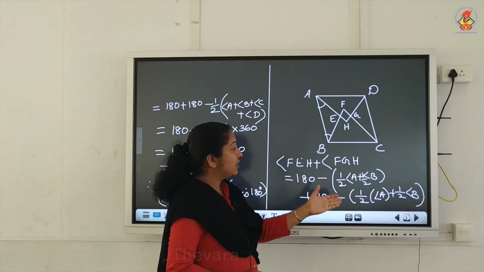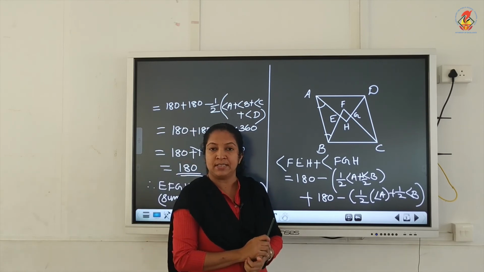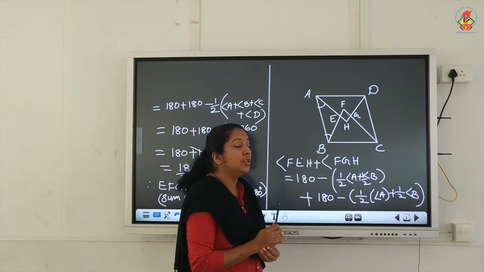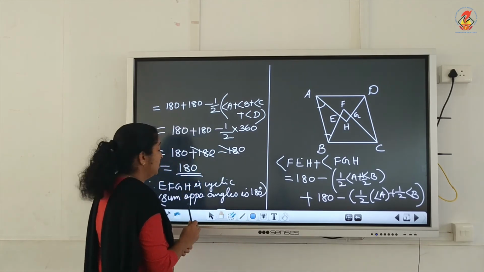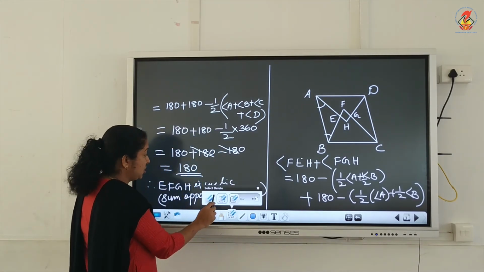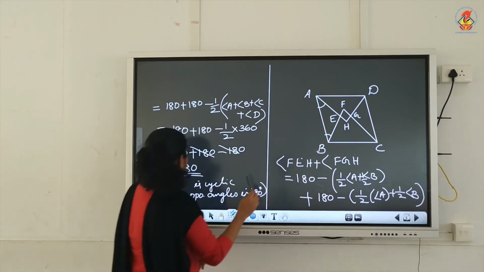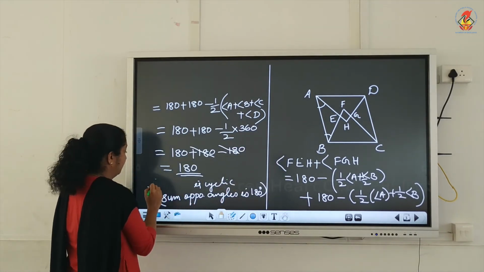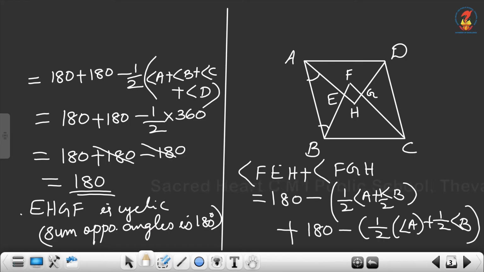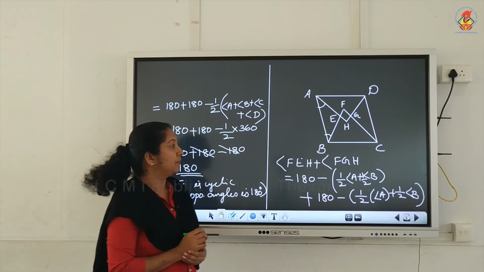What we have done is we have considered a quadrilateral ABCD, drawn the angle bisectors, and got the quadrilateral EFGH. Its naming is not EFGH, it is EHGF. And what we proved is that the sum of opposite angles is 180 degrees.